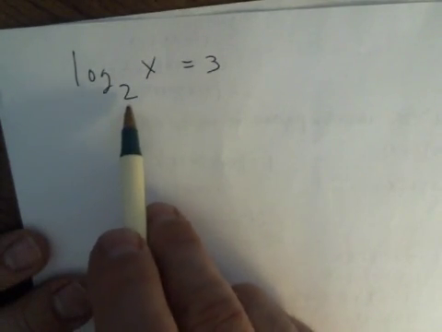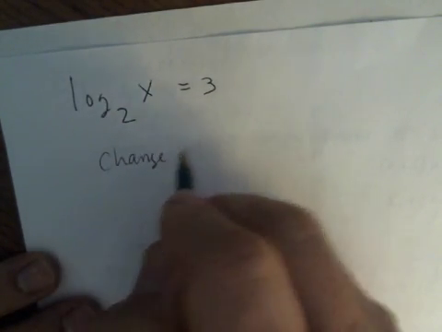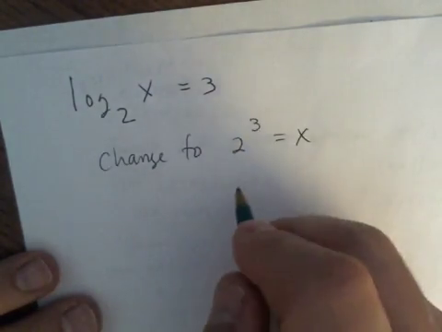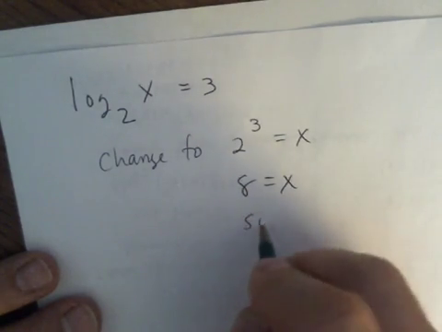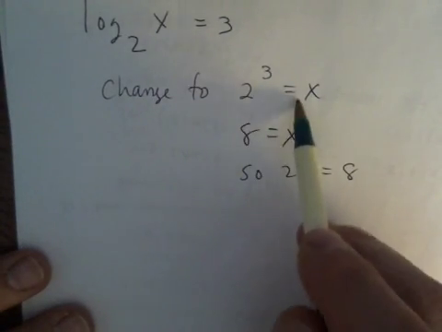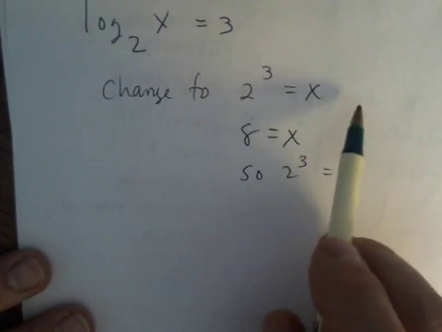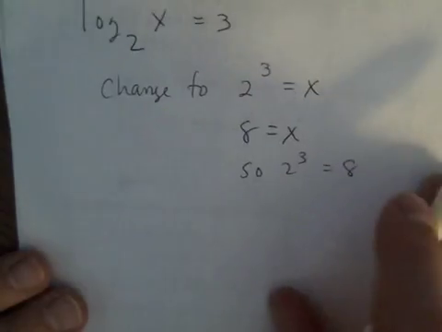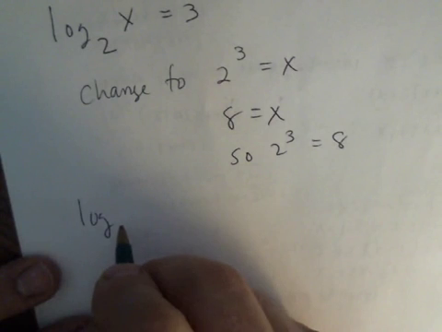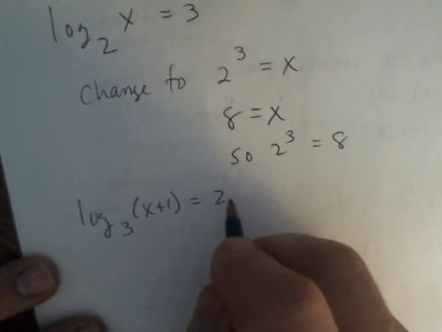We're just using a different base this time, but we change it. So I change to 2 cubed is x, put it into my calculator, 8 is x, so 2 cubed is 8. So remember, when you're solving, always simplify vertically. Don't simplify horizontally. Many people do that, and it just messes you up when you're solving. Because we can change this, and I can say, well, this is log base 3 of x plus 1 equals 2.